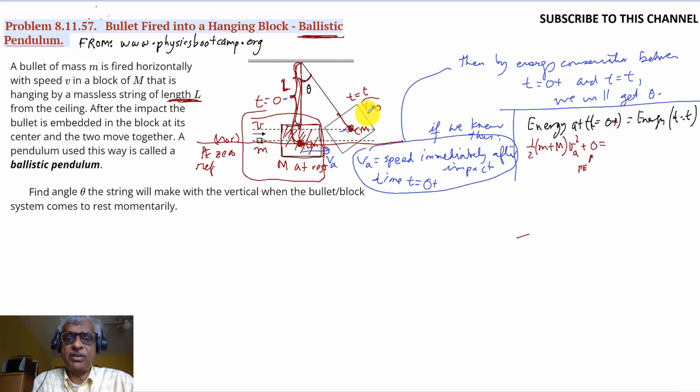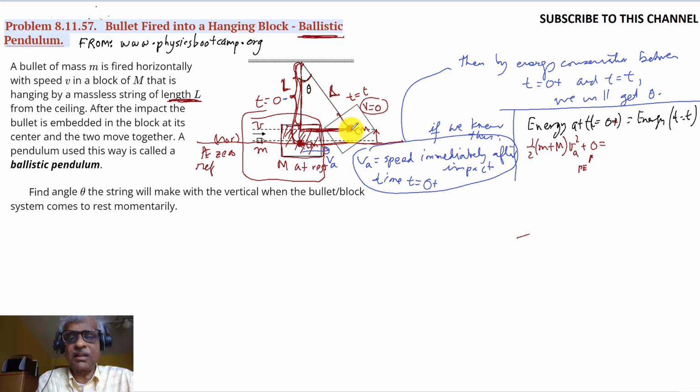Over here V is 0, so no kinetic energy, it's all potential energy. But I need to figure out how much this height is. Well, if you look at this triangle, if this is L, all the way to the center of mass, that's why I was telling you about the center of mass earlier. This is the reason.